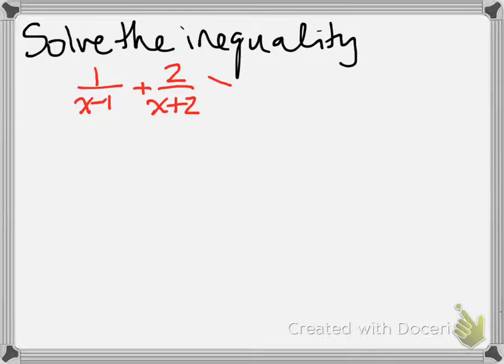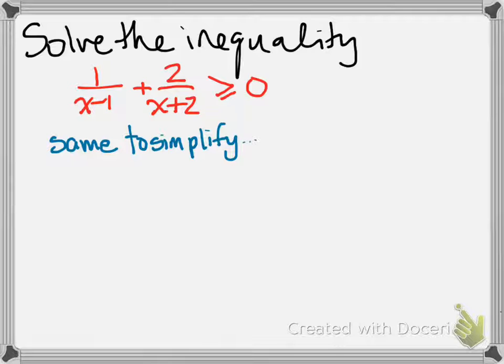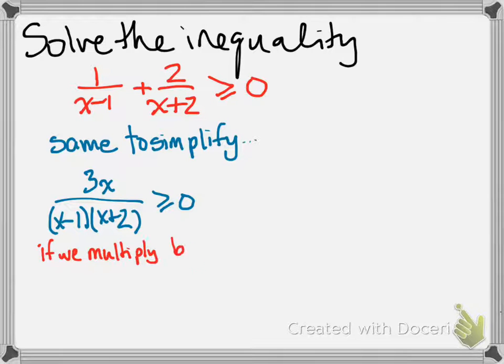So I'm going to use exactly the same function, 1 over x minus 1 plus 2 over x plus 2 is greater than or equal to 0. So first, we can simplify using exactly the same process. So we'll end up right there.